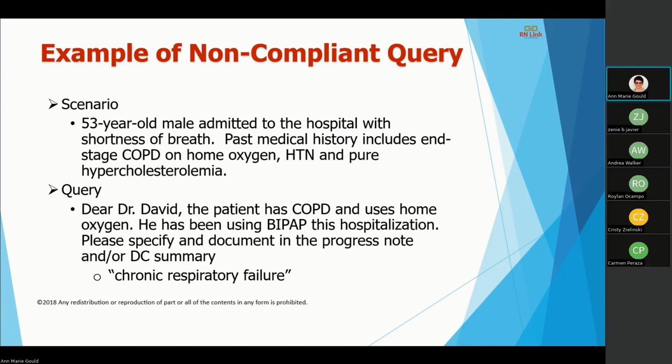You don't ever want to do that. You want to give them choices. Maybe, since the patient's on BiPAP, they do have an acute on chronic respiratory failure going on. Or maybe it's just chronic respiratory failure, or other explanation to explain the findings. So you never want to tell the doctor what to write. That's a leading query.